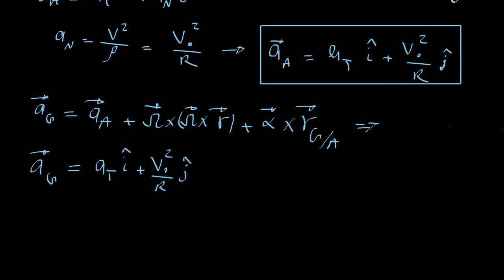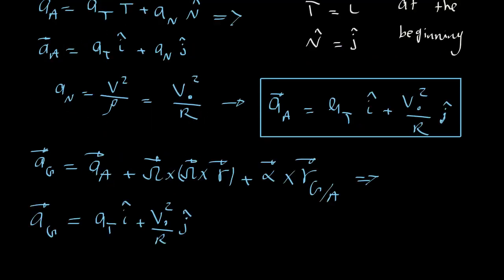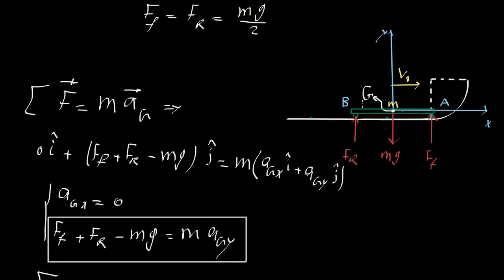And the omega term is equal to 0 because the skateboard is about to start rotating, so its angular velocity is 0, but its angular acceleration is not 0.